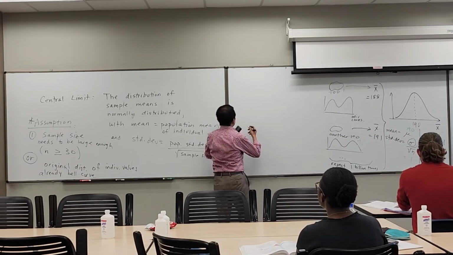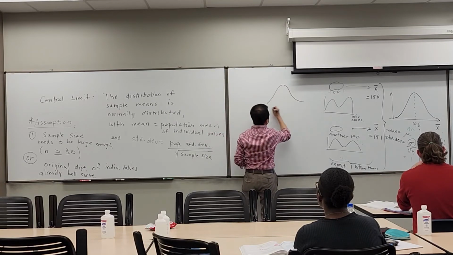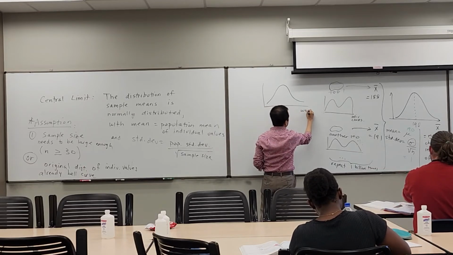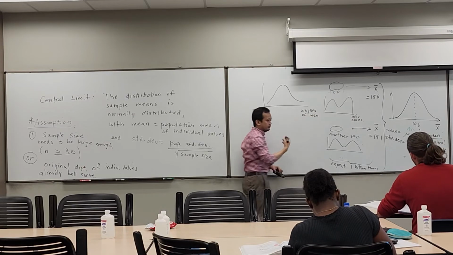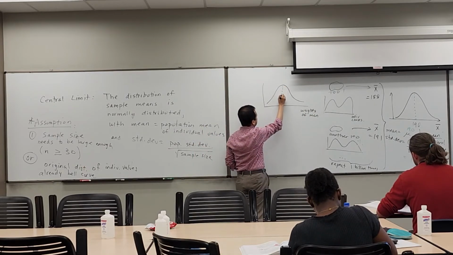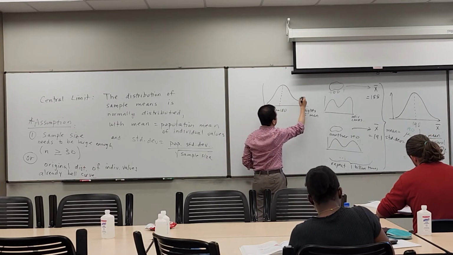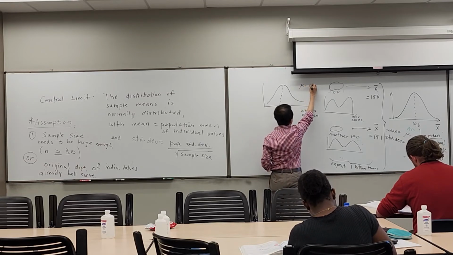Let's go back to our example where we're talking about weights of men. And we're already told that weights of men are normally distributed. And let's say we're told that the mean is 180, and the standard deviation is 20.